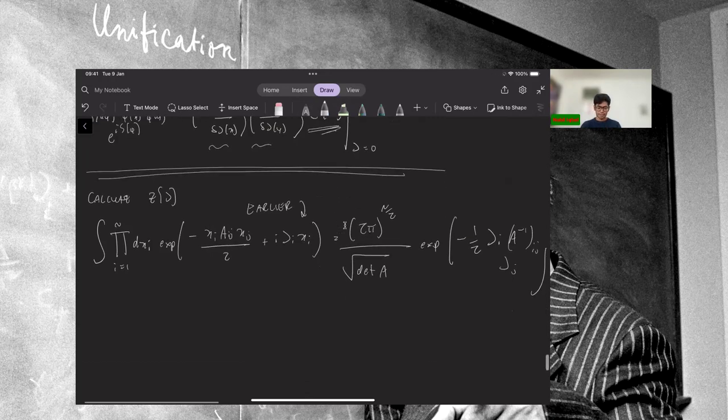Now, what is the path integral we want to do? The path integral we want to do is the integral D phi of the exponential of minus one half phi, sorry, try to get this right. Signs are actually important here.